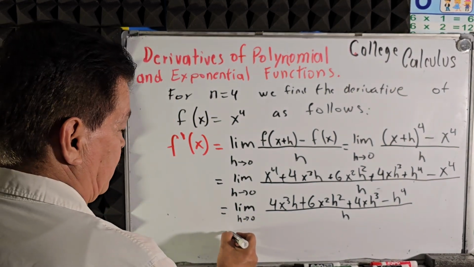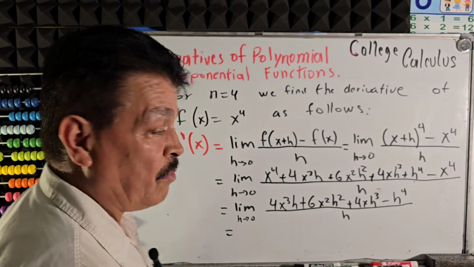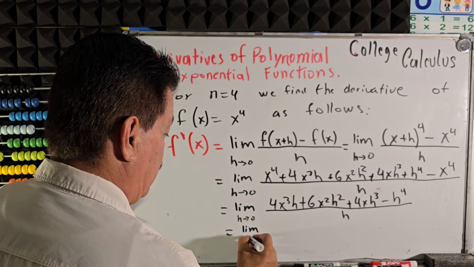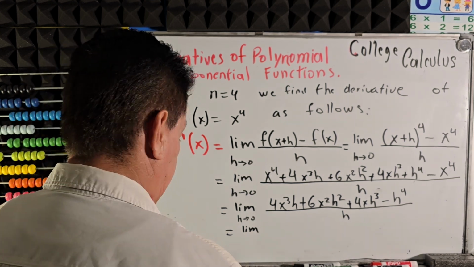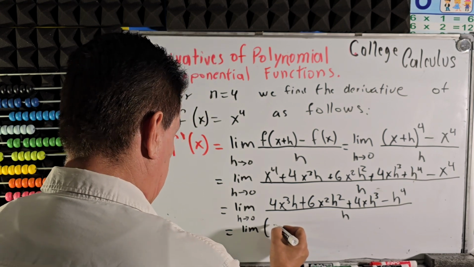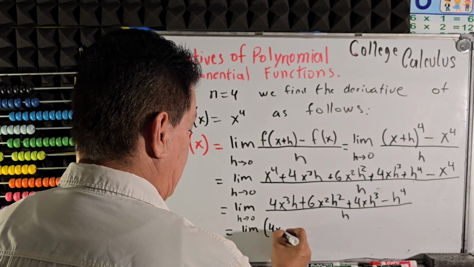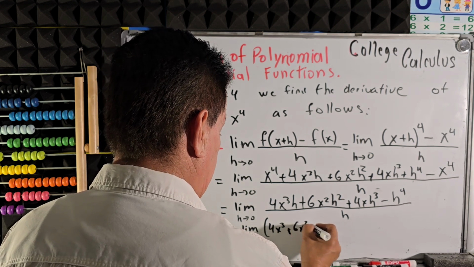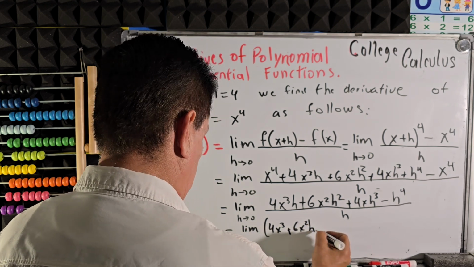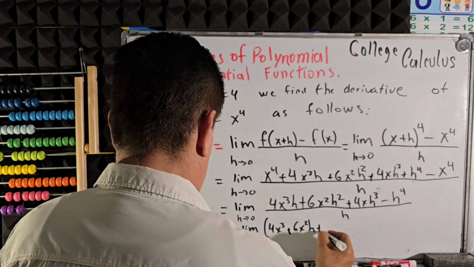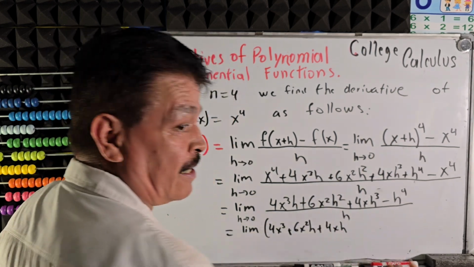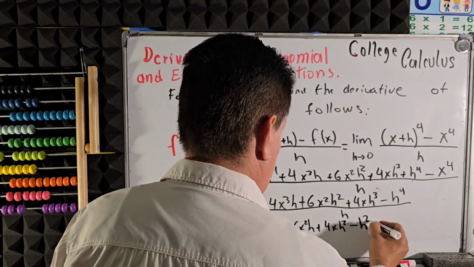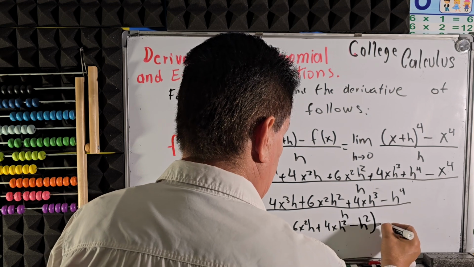Next, almost done. Simplify that. So the limit of, open parentheses, 4x to the third power plus 6x to the second power h to the first power plus 4xh to the second power minus h to the second power, close parentheses.